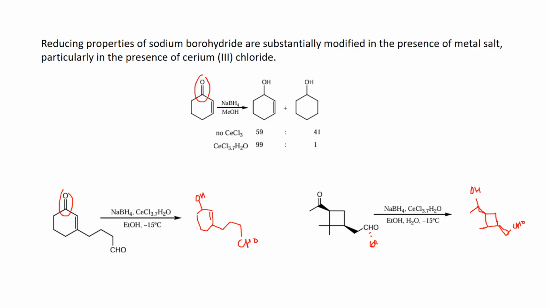Whichever is the most reactive group will be chelated, and whichever is the second reactive group will react and give us our product. This is a shortcut, because the most reactive group is already reacting with the cerium chloride and getting chelated, and because of that it gets blocked. So the second reactive group comes close to the NaBH4 and gives us our product.